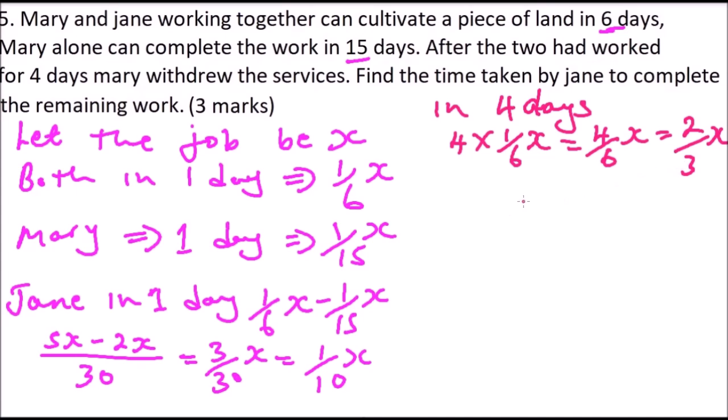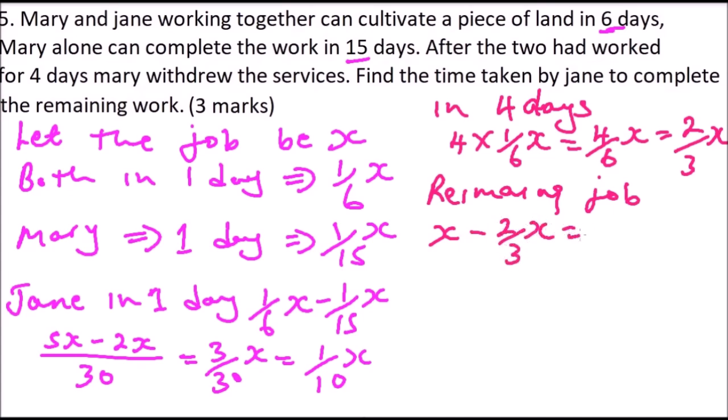So that is the part of the job they did in 4 days. What is the remaining job? You subtract x minus what they did in 4 days, which is 2/3 of x, and this will give you a third x, which we can write as x/3.